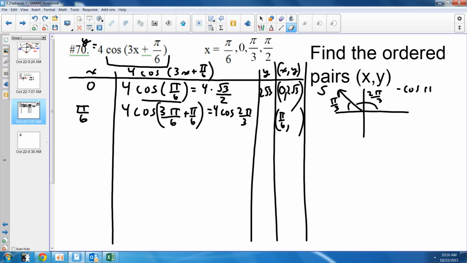Cosine of pi over 3 is 1/2, since I know that the cosine of pi over 6 is radical 3 over 2, so 1/2 comes down the other way. So the negative cosine of pi over 3 is negative 1/2. That becomes 4 times negative 1/2, which is equal to negative 2.